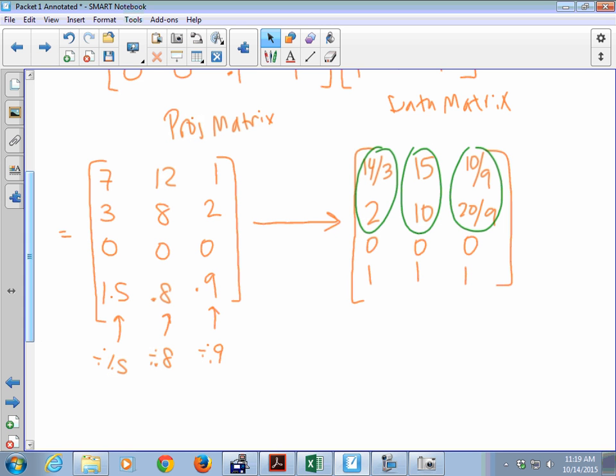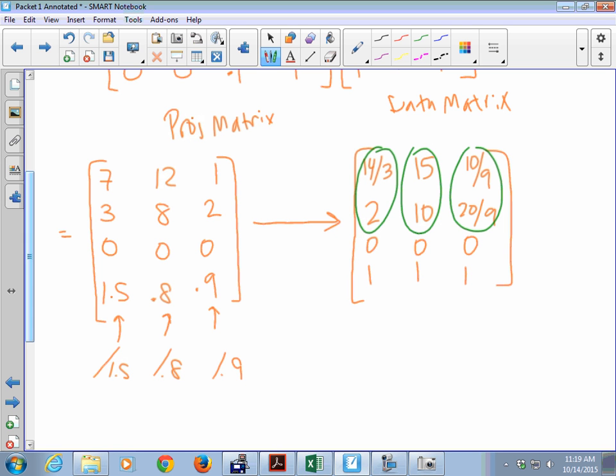Sorry, yeah, I should have put divide by 1.5, divide by 0.8, divide by 0.9. Yeah. Because 1 divided by 0.9 is 10 over 9. And 2 divided by 0.9 is the same thing as 20 over 9.